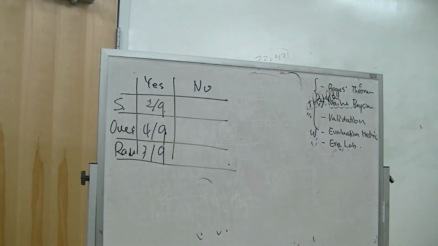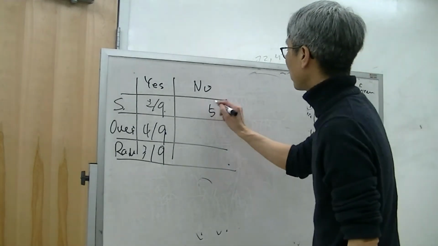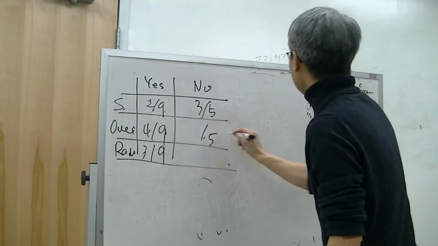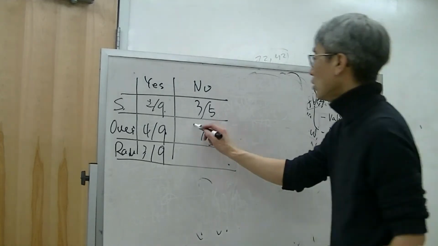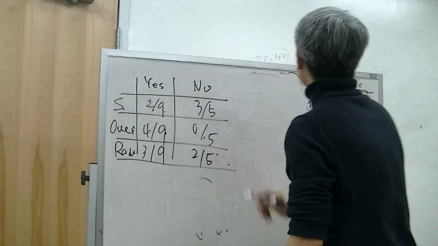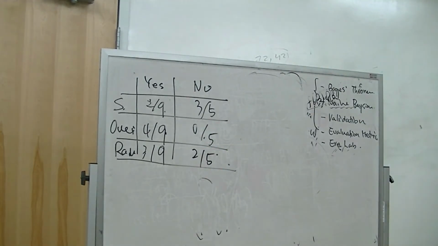And how many times no? It's 1, 2, 3, 4, 5. Among the 5, how many sunny? 3. How many overcast? 0. And 2 rain. So this is the first case, outlook. You can fill that out. Why don't you try for practice?